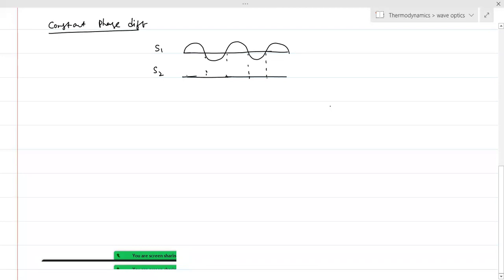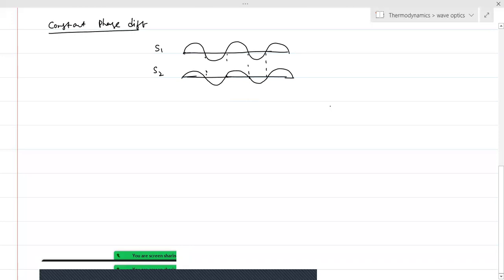Suppose we have a similar wave from S2 also. Observe the starting points: they start from the same position. After some time, they are at some point P.